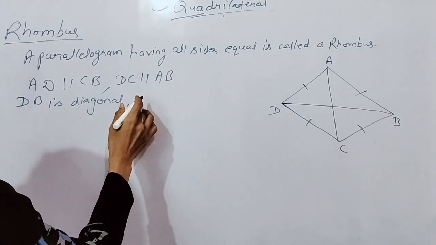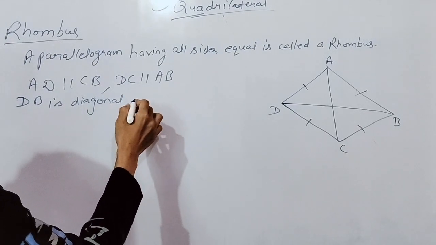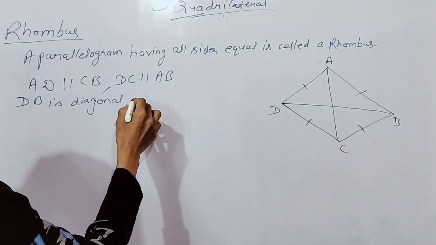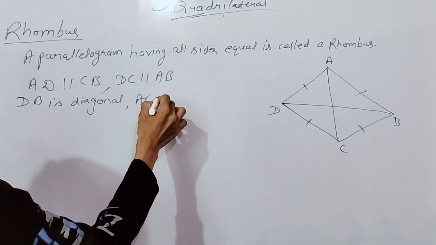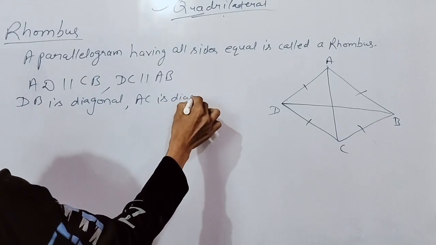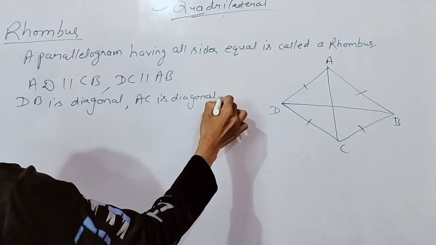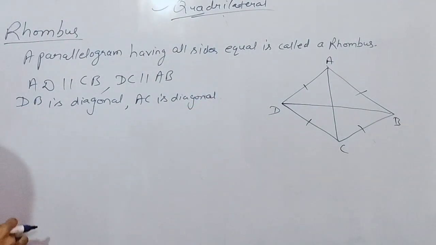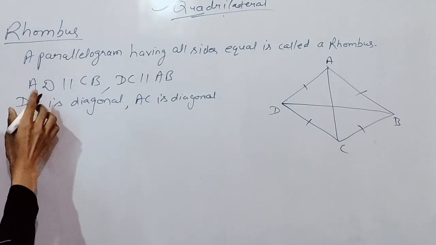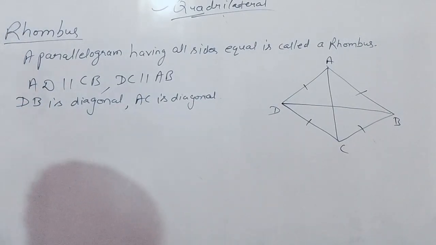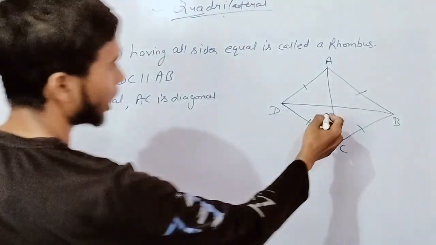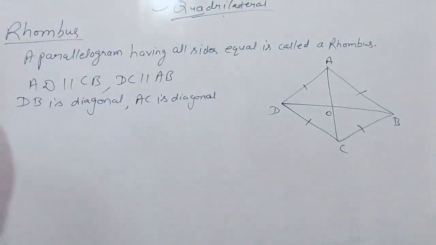What else? AC is a diagonal. Okay, clear. Now, what else can be written? Here, both lines are intersecting at O.